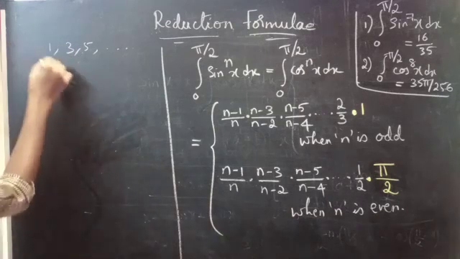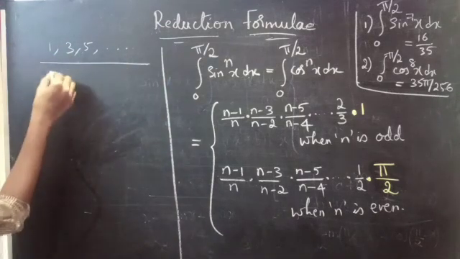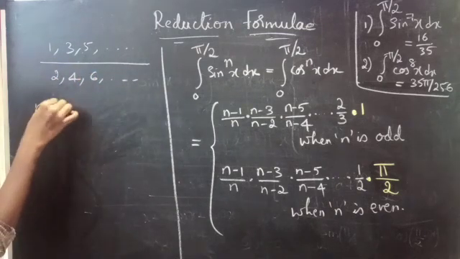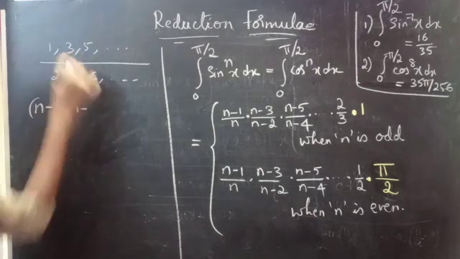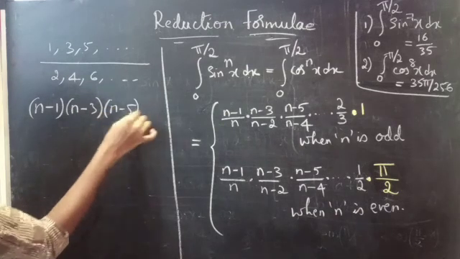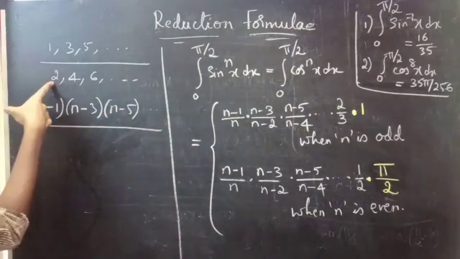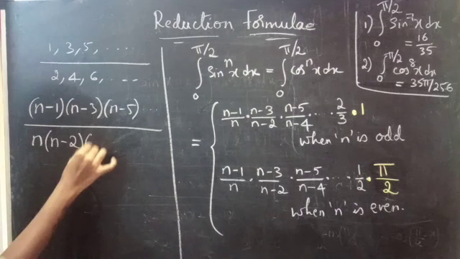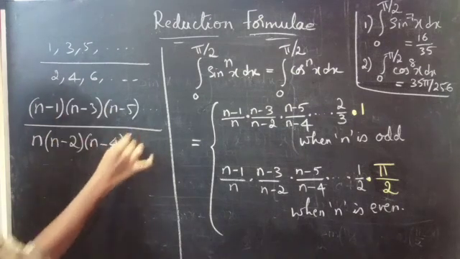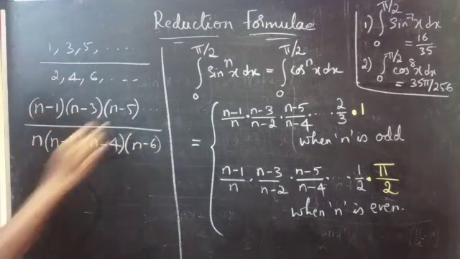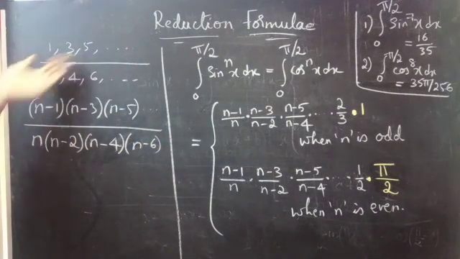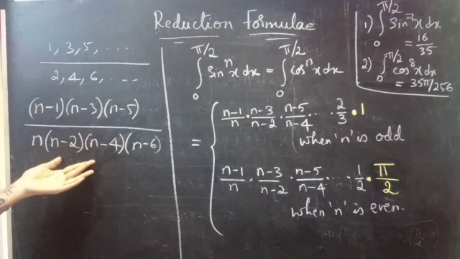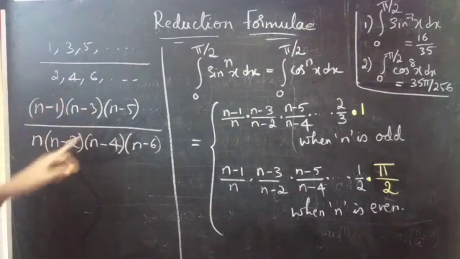And in the denominator, you multiply n with n minus 2, n minus 4, n minus 6, subtracting even numbers. So in the numerator we subtract odd numbers from n, and in the denominator we subtract even numbers from n. This is the formula.